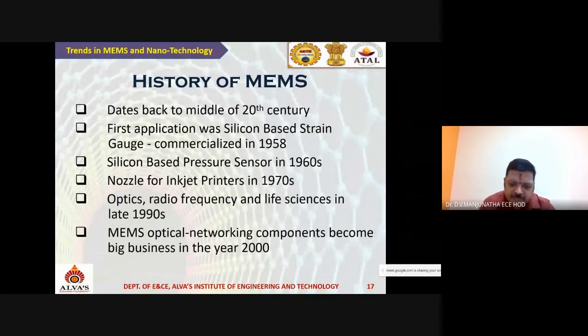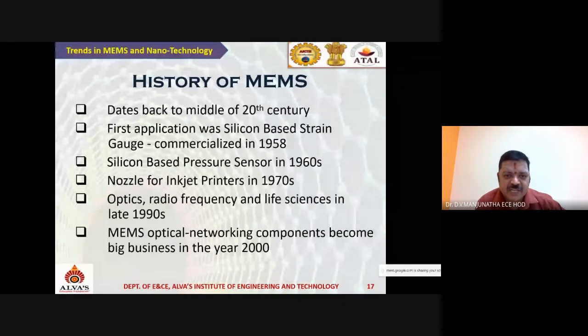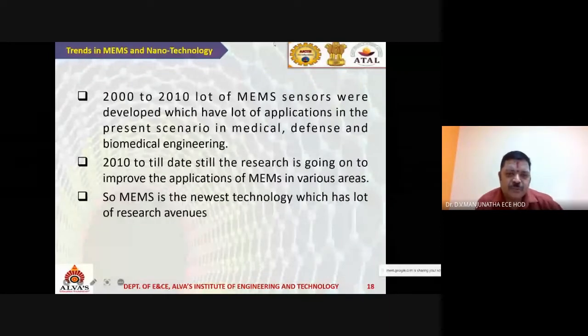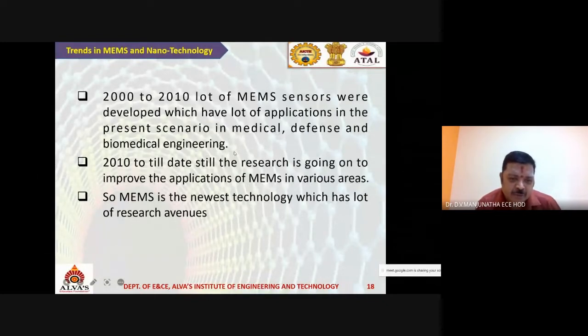MEMS optical networking components became big business in 2000. From 2000 to 2010, a lot of MEMS sensors were developed, with many applications in medical, defense, and biomedical engineering. From 2010 to date, research is still going on to improve the applications of MEMS in various areas.